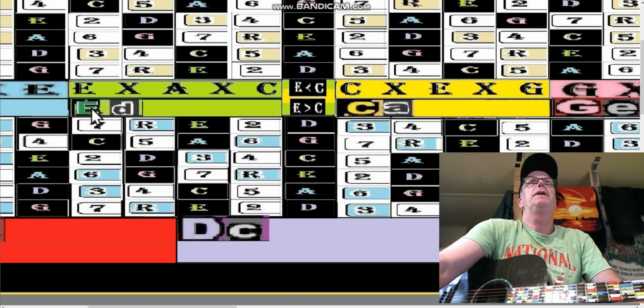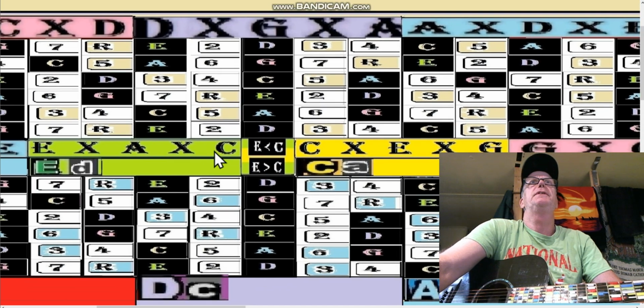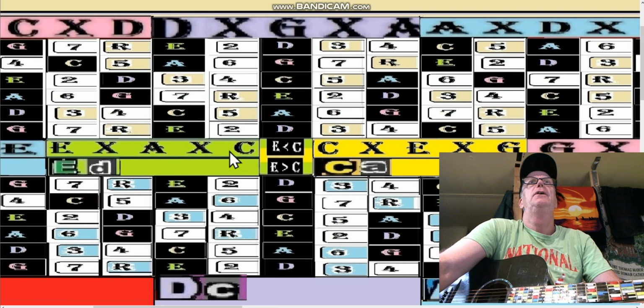And it would be going into the E cage there, which is neighbors with the D cage. They share. Okay, so you got 7 root 2 here in the E shape, and then going in, they share the 2 in the D string shape, 2, 3, 4.